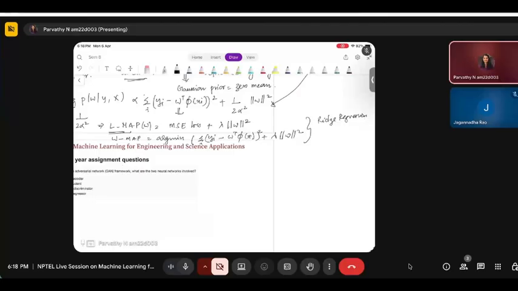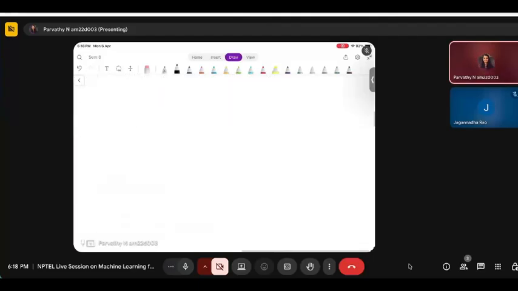Similarly, if instead of the Gaussian prior, we use a Laplace prior, that is, this P of W value is proportional to the exponent of minus of the absolute value of W by b, then this will give the L1 norm.